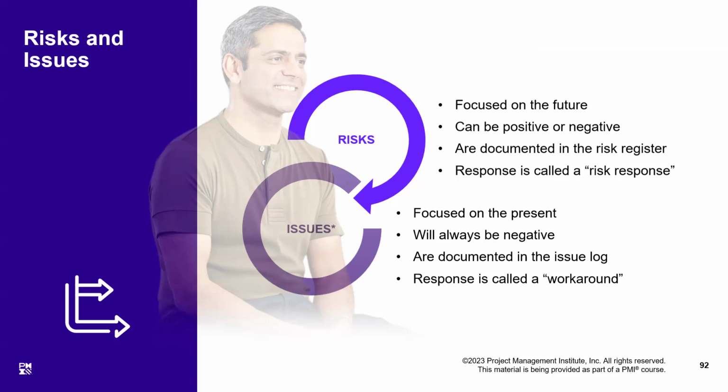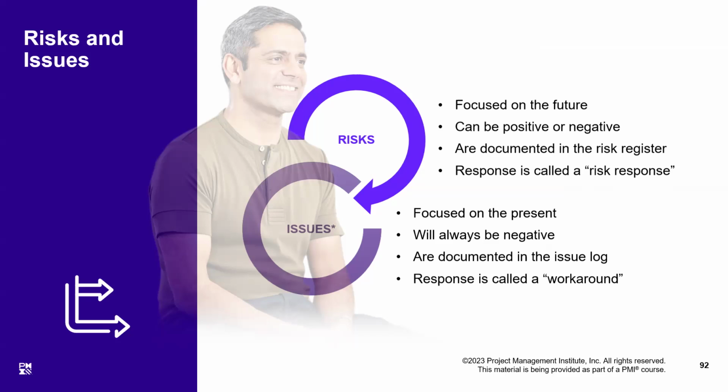Anyways, what do we do? In risk, we are documenting the risk in a risk register, or if it is agile, it is a risk list. Issues, we document them in a predictive project as issue log, but in agile, we call it impediment log.